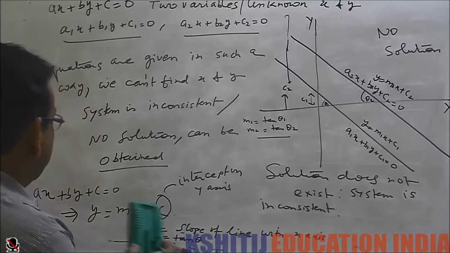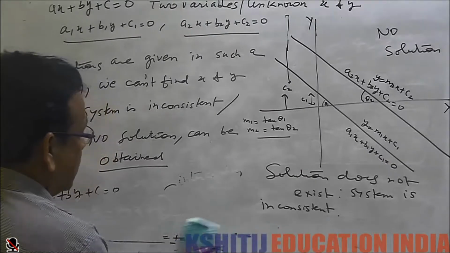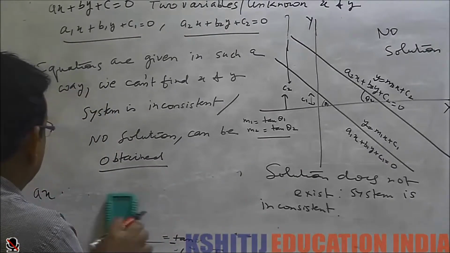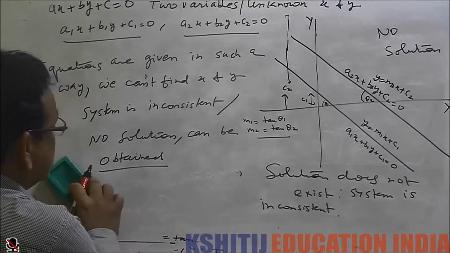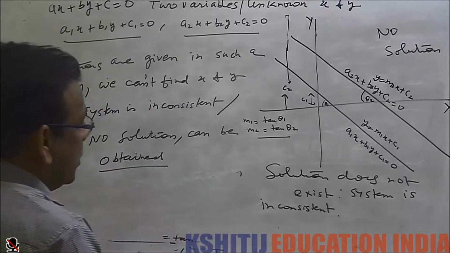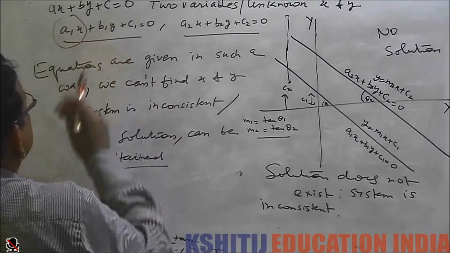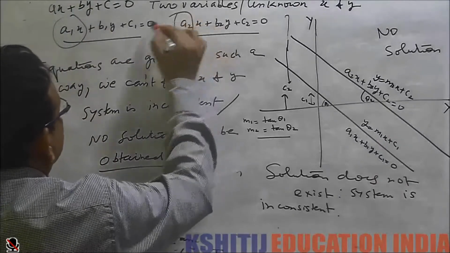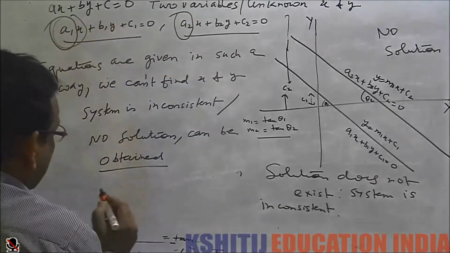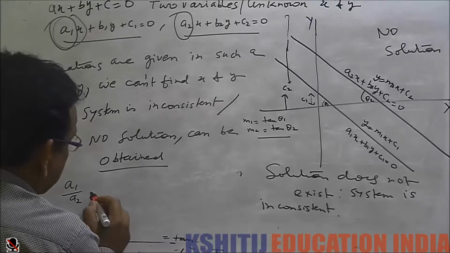So in this case, the ratio of the coefficients of x, this one and this one, so a1 over a2, this is one ratio.